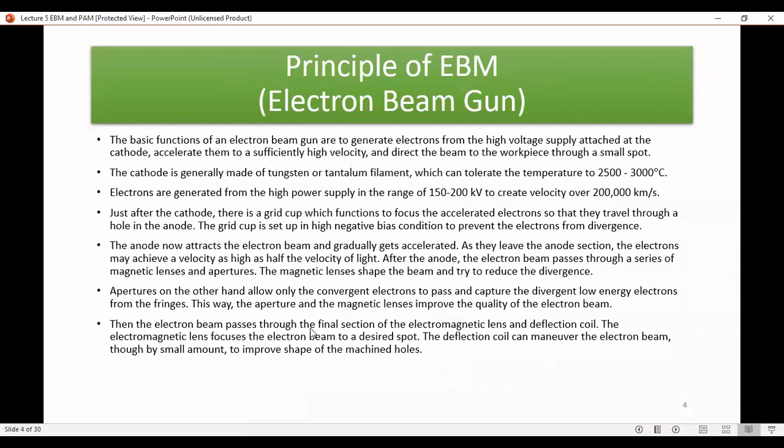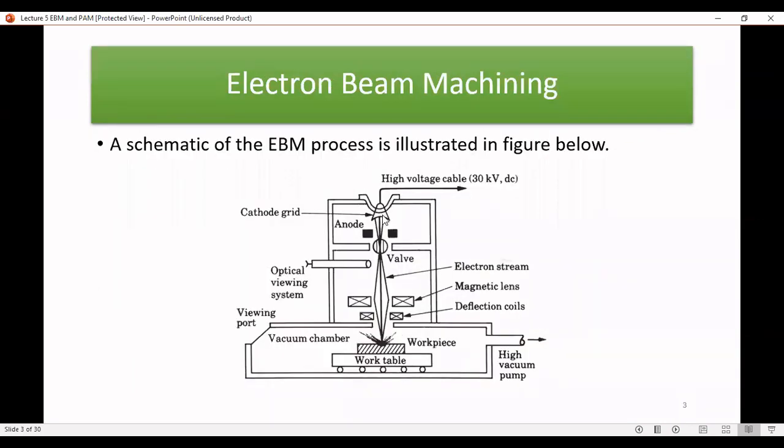Then the electron beam passes through the final section of electromagnetic lens and deflection coils. The electromagnetic lens focuses the electron beams to the desired spots, and deflection coils can maneuver the electron beams through a small amount of motion. So basically, you apply a high voltage here.